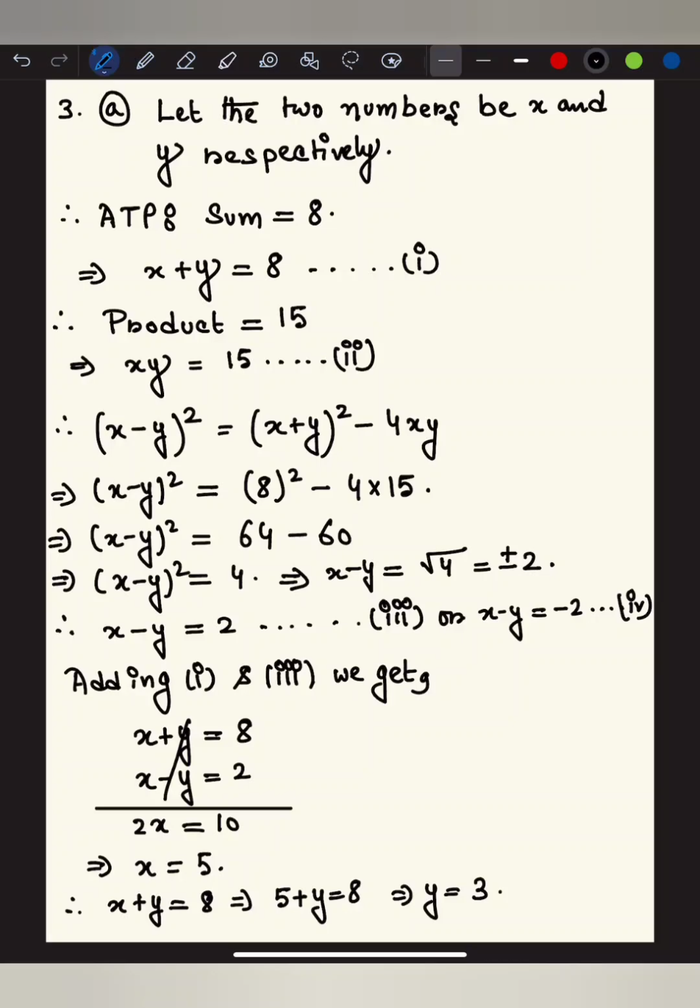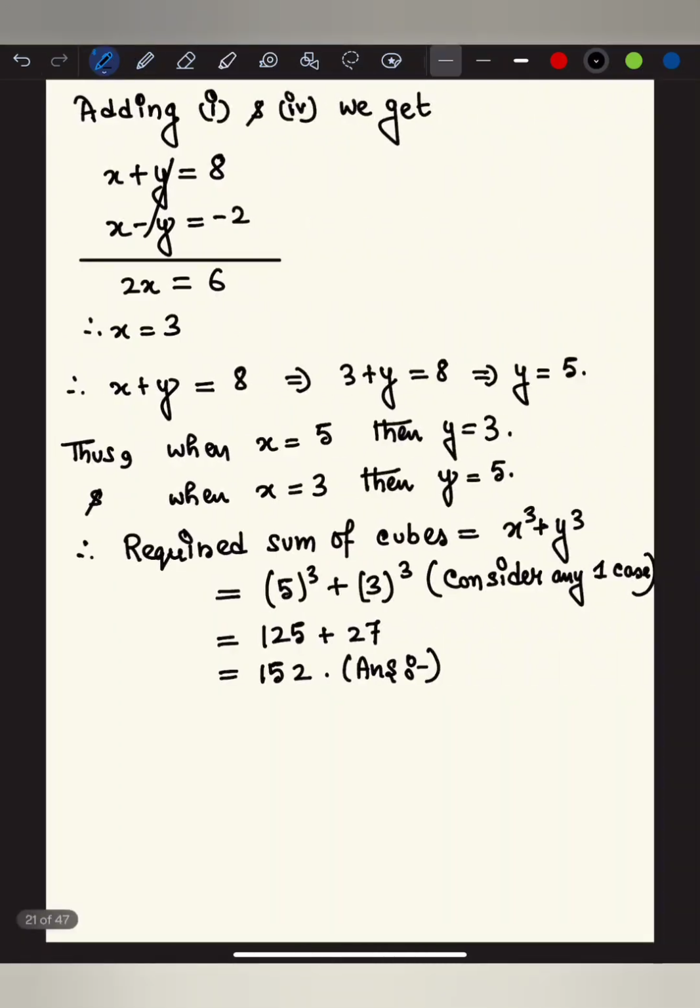Now adding 1 and 4, we get x plus y equals 8 and x minus y equals minus 2, which implies 2x equals 6, therefore x equals 3, therefore y equals 5.